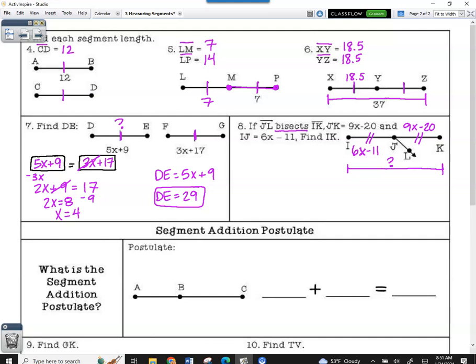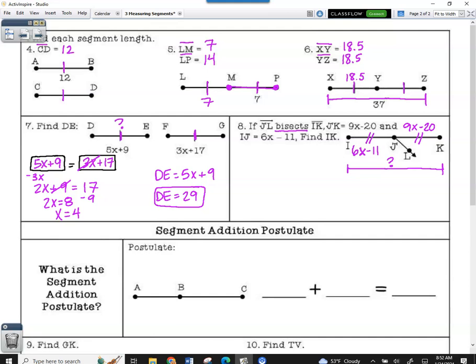No, I don't. So I would end up setting it up equal to question mark, and that would not get me anywhere. So what technique would we use here to get x? What technique would we use? Is it something equals something, or is it part plus part equals whole?